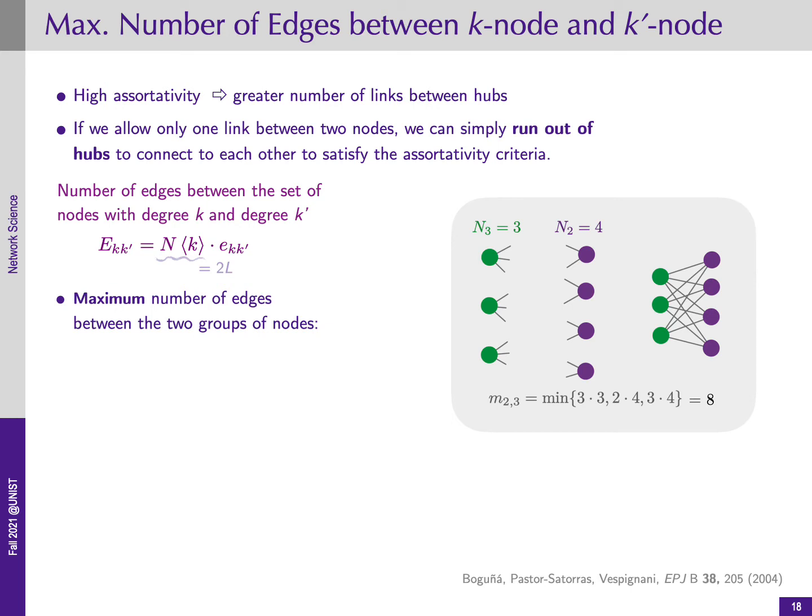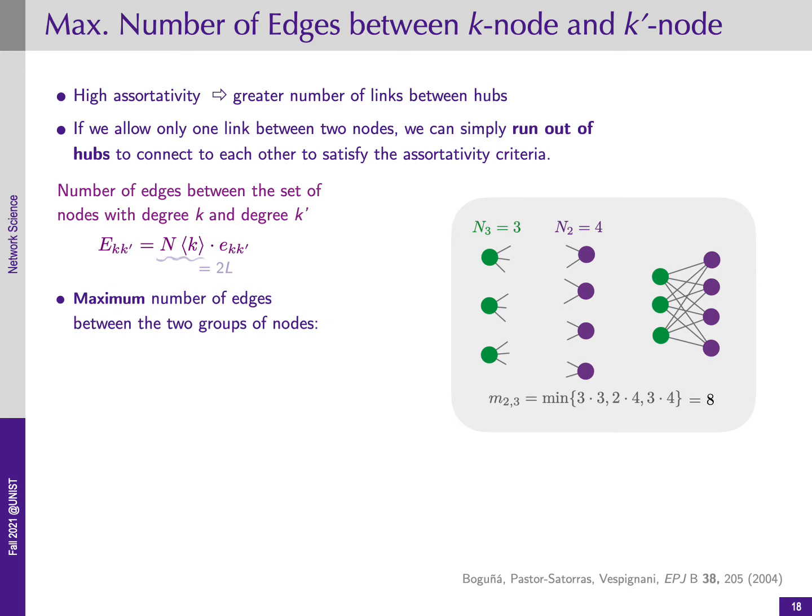So here, the number of possible pairings, regardless of the degree, is given by 12.